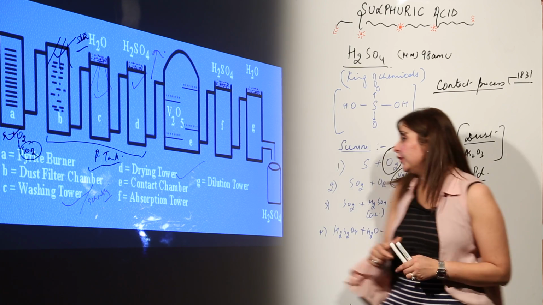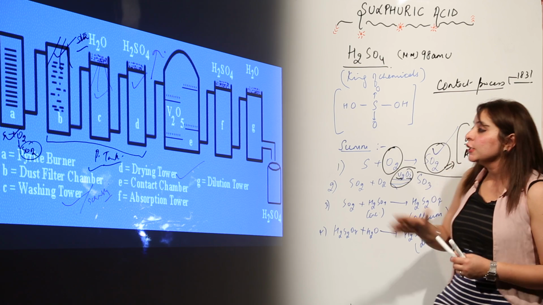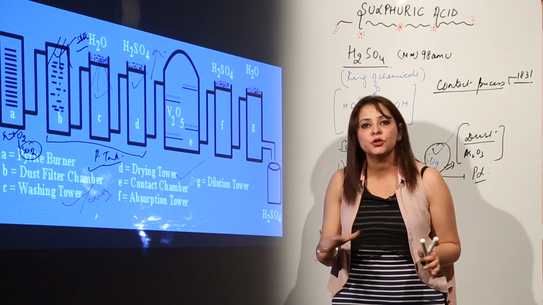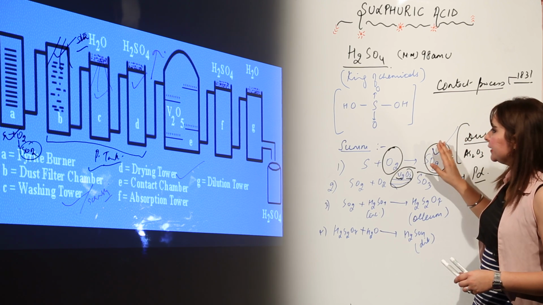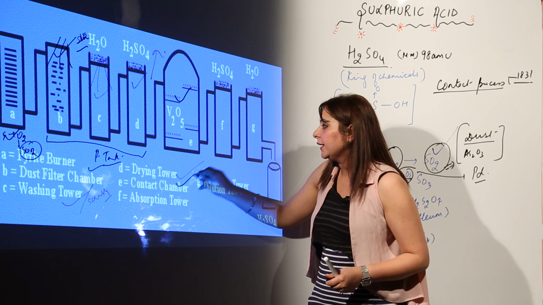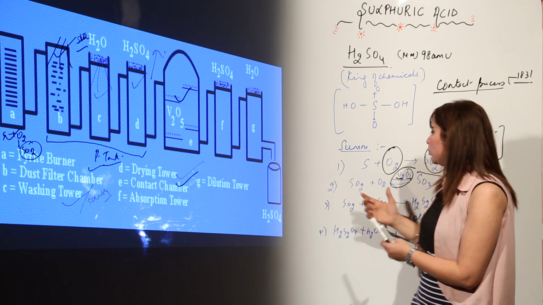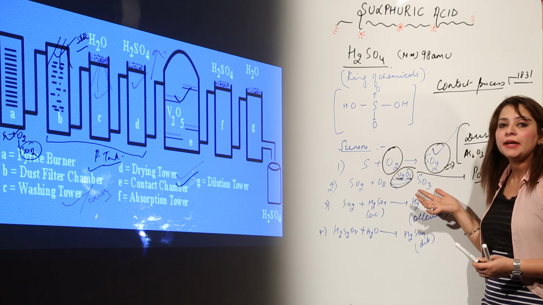Now we have this SO2 free from all the impurities, right? So till the D tank, our SO2 has become pure. Now we feed this SO2 into the E tower, called the contact tower. This SO2 now reacts with oxygen in the presence of vanadium pentoxide and yields SO3.